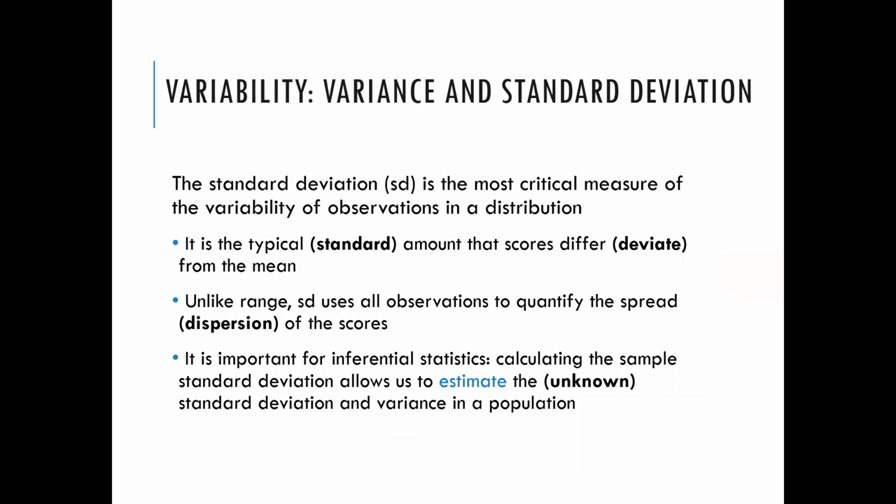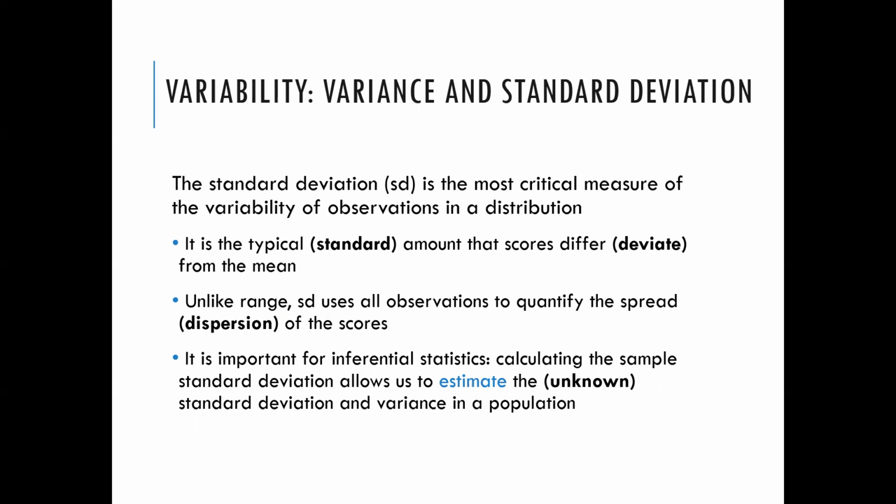Okay, so what we're getting at is really one statistic that we often measure in our samples, and that is the standard deviation. And that is the most critical measure of variability of observations in a distribution. It really tells us a little bit more about our data than just something like the mean. So the standard deviation is the typical or standard amount that scores differ or deviate from the mean.